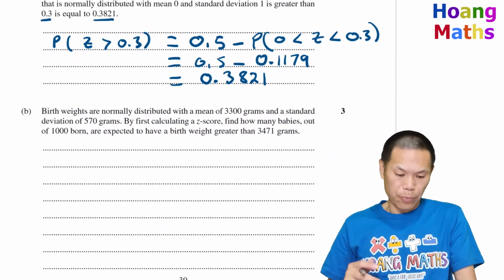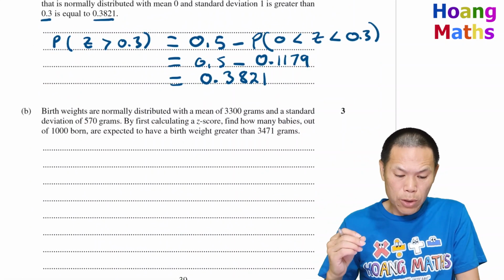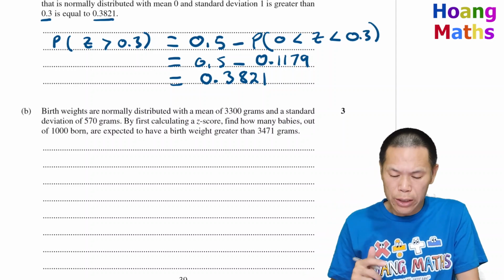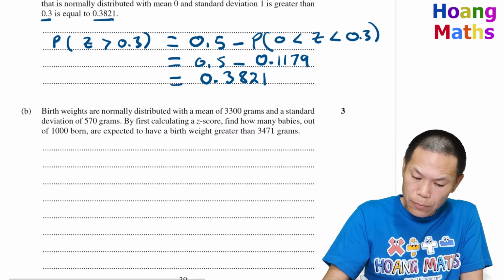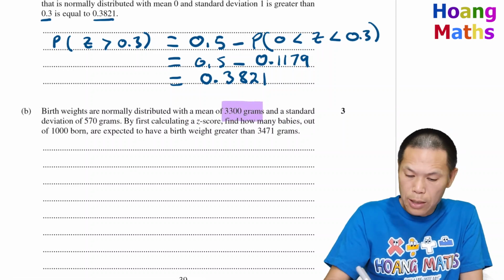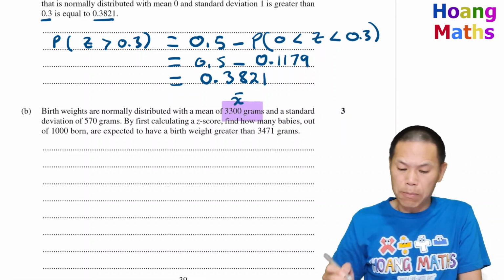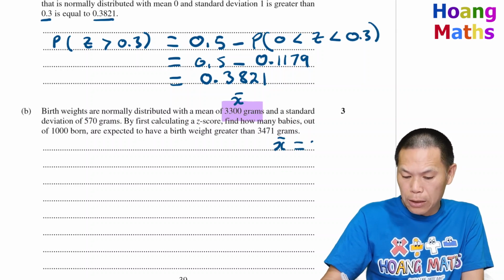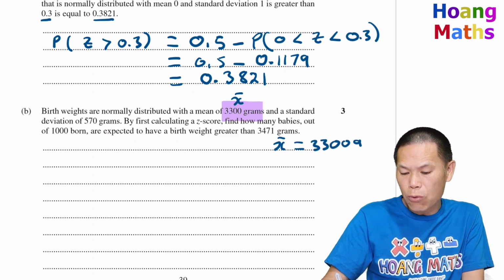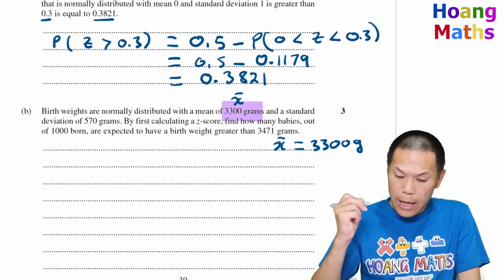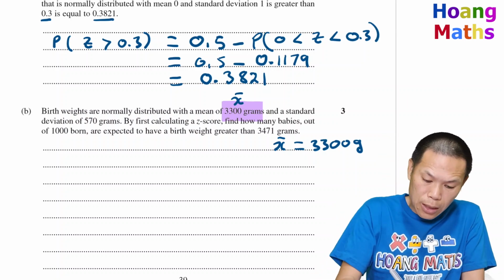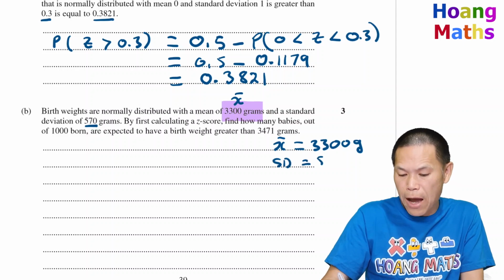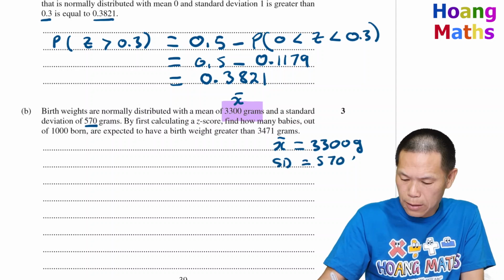Now part B. Bird weights are normally distributed with a mean of 3,300 grams. Let me write this down: X bar is the mean, 3,300 grams, and the standard deviation is 570 grams.